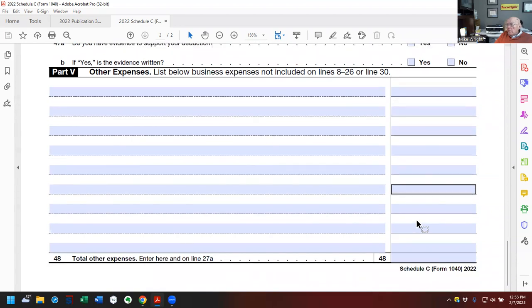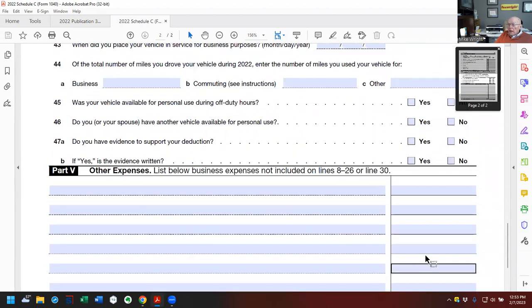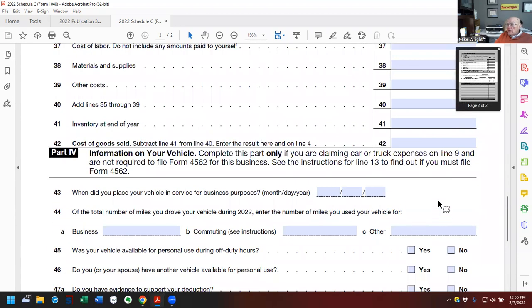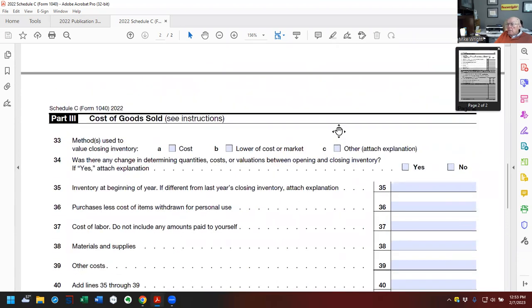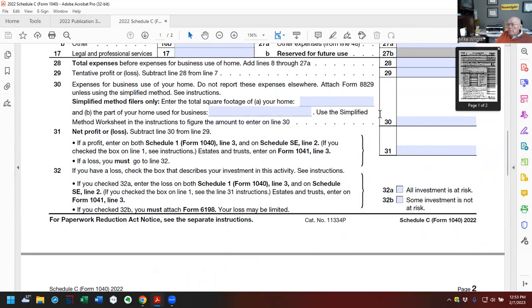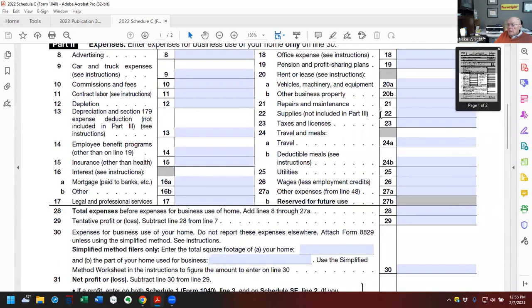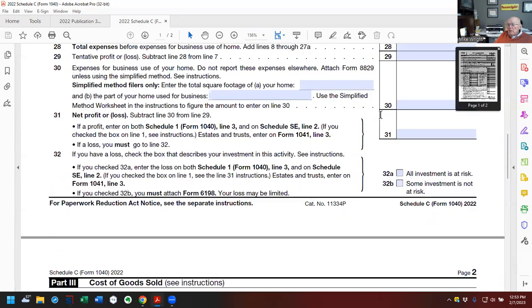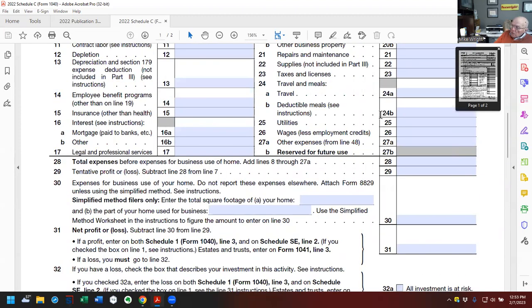And we total that up down here at the bottom, and we then come up here and add that number. Okay, so now we're down to those other expenses. This gives you a fairly decent but brief discussion of what you need to look at when you're doing your expenses. These are the easy ones.